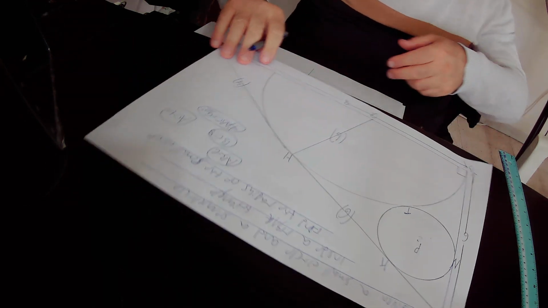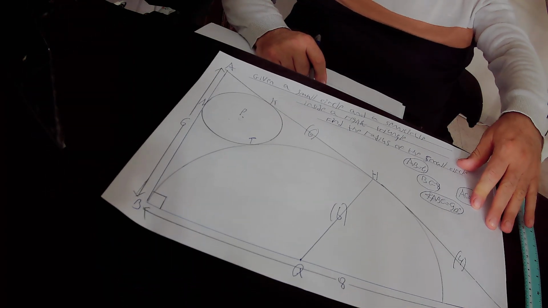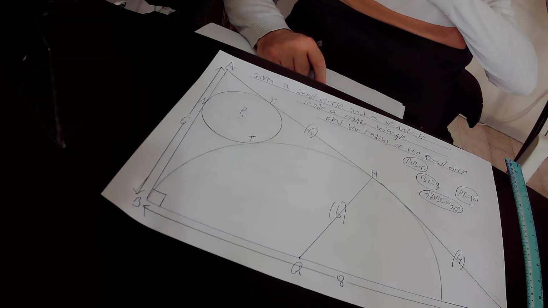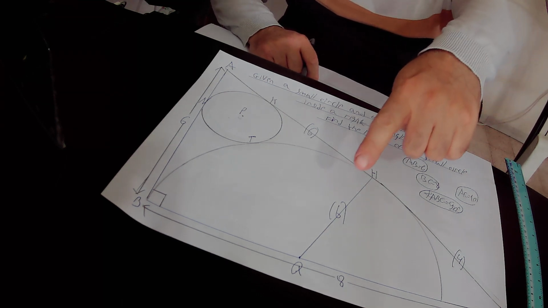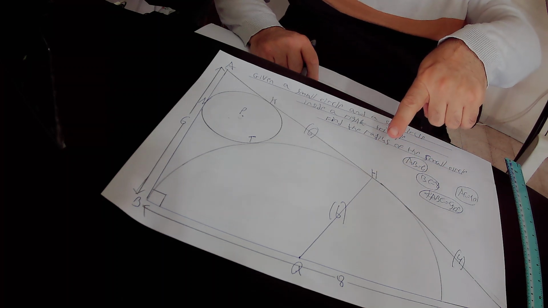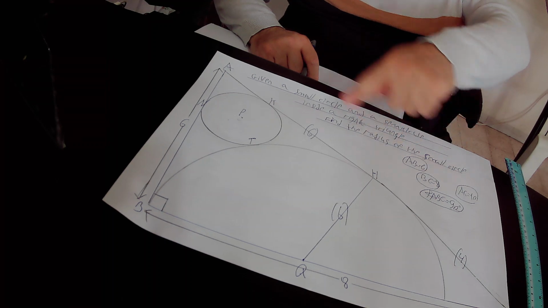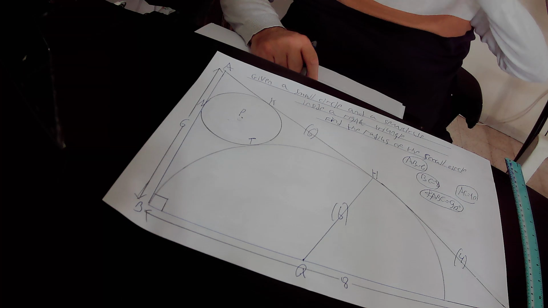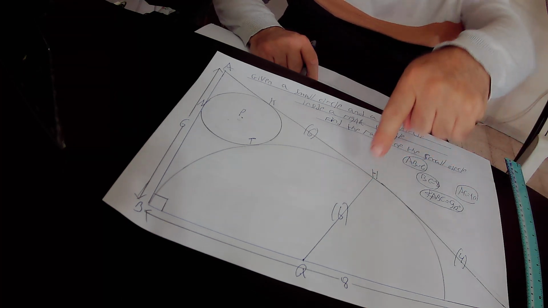So here we can implement rule 2. According to rule 2, a tangent to a circle is perpendicular to the radius drawn to its point of tangency. So we have here the radius QH of this semicircle drawn to point H, that is the point of tangency of tangent AC with this semicircle. And whenever the radius is drawn to the point of tangency, then tangent AC will be perpendicular to the radius HQ.